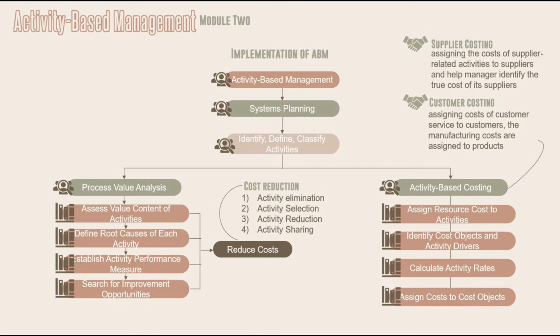The manufacturing costs are assigned to products and customers. The processes under ABC are being done to improve decisions, to reduce cost, and help in increasing profitability.